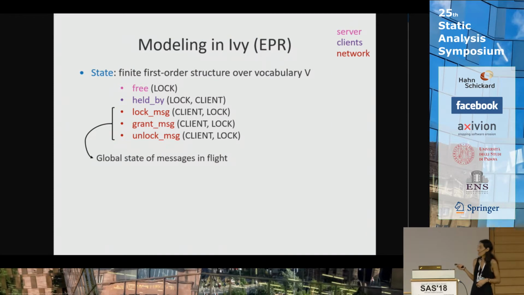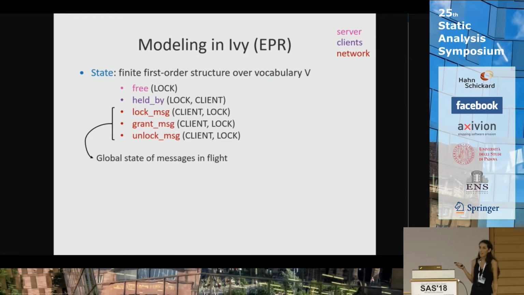And then to describe the state of the server, we will use a unary relation free that remembers which locks are available, free. To describe the state of the clients, we will have a binary relation held by, which says that this lock is held by this client. And to model the state of the network, we will have relations that track the messages that are in flight in the network.